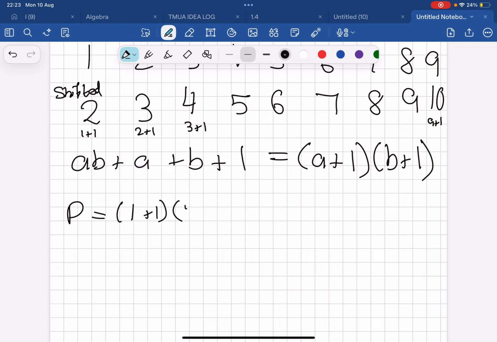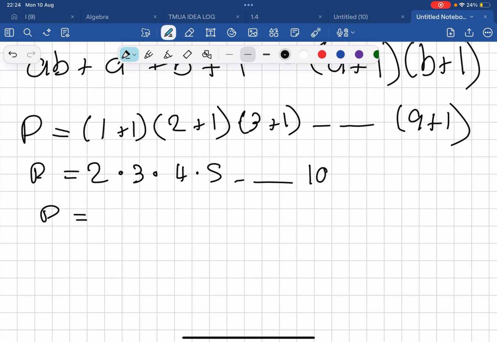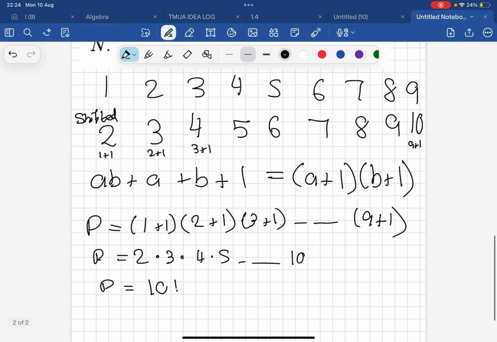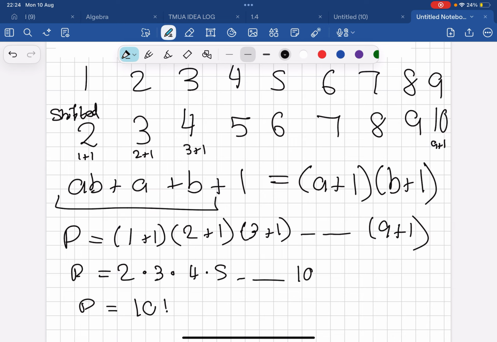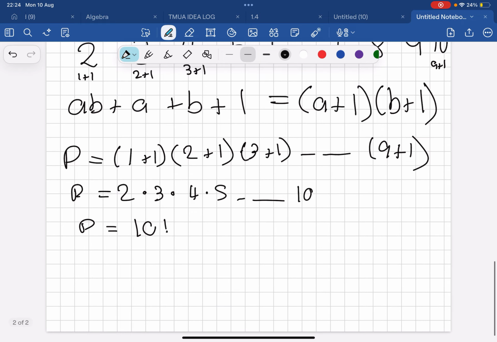So (1 plus 1) times (2 plus 1), which is 3, times (3 plus 1), up until (9 plus 1), which is equal to P: 2 times 3 times 4 times 5 up until 10, which is the same as just 10 factorial. Now, the issue was that the question was asking what happens when we apply AB plus A plus B, and not plus 1.